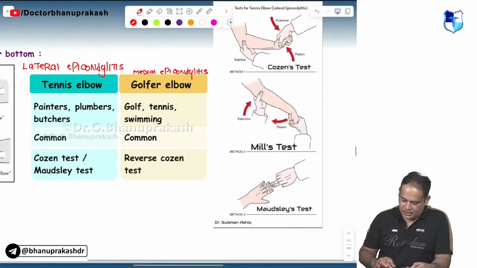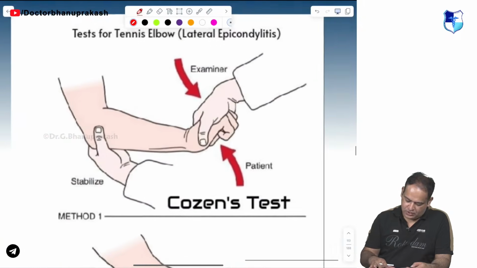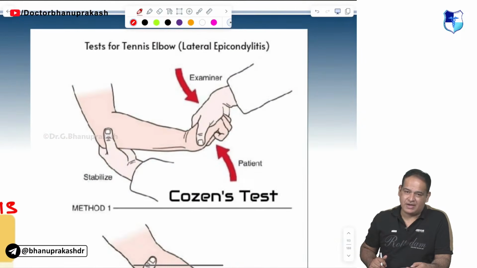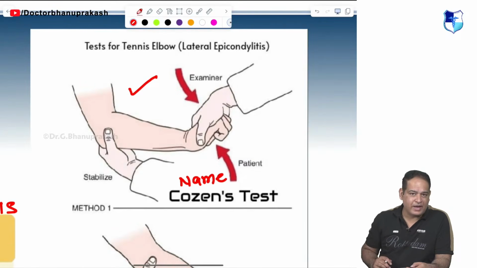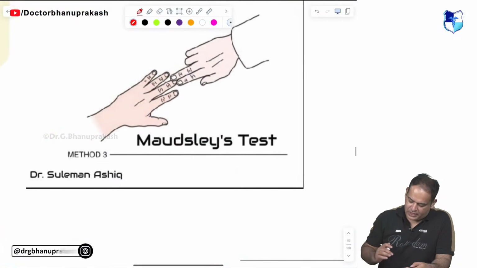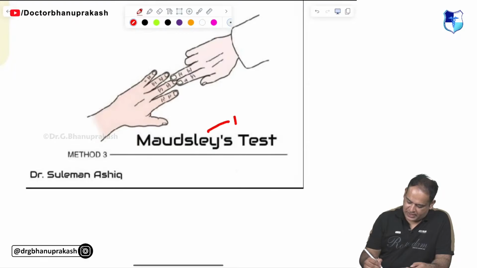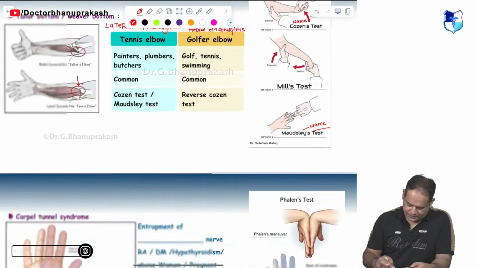Now they ask you the test. For tennis elbow, the test name is Cozen test. You need to remember Cozen test, just the name. And if you want to go a little forward, Maudsley test, just the name. Nothing else is important, very honestly.